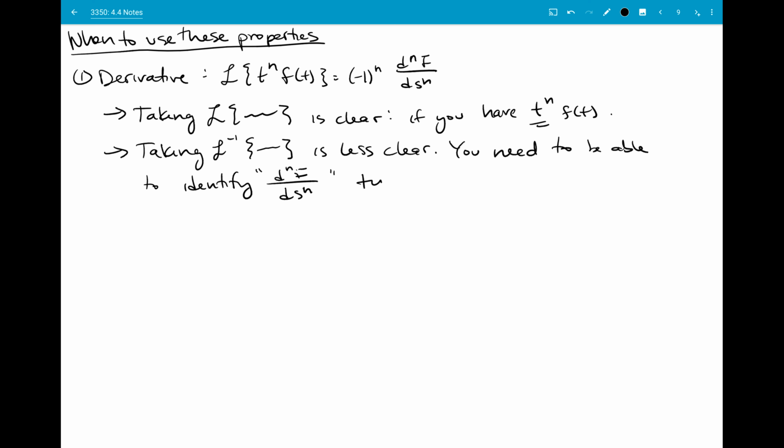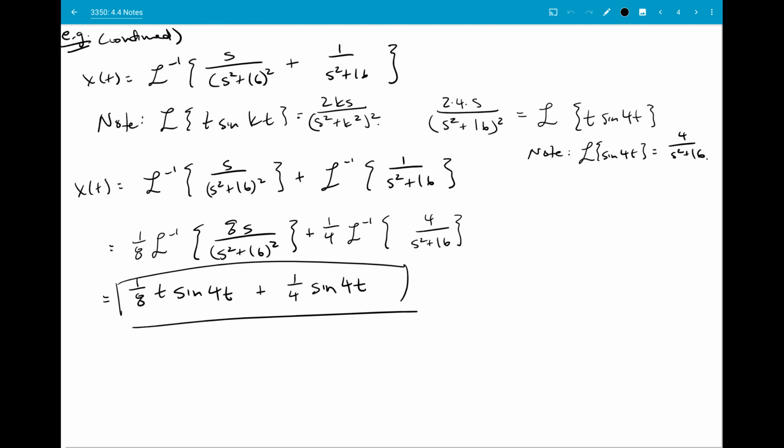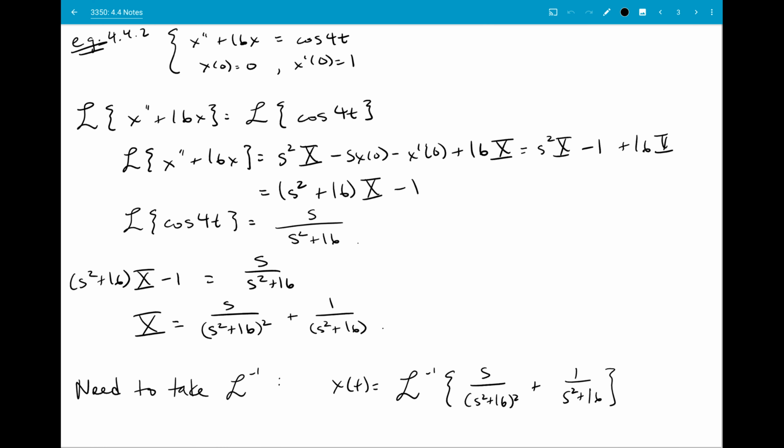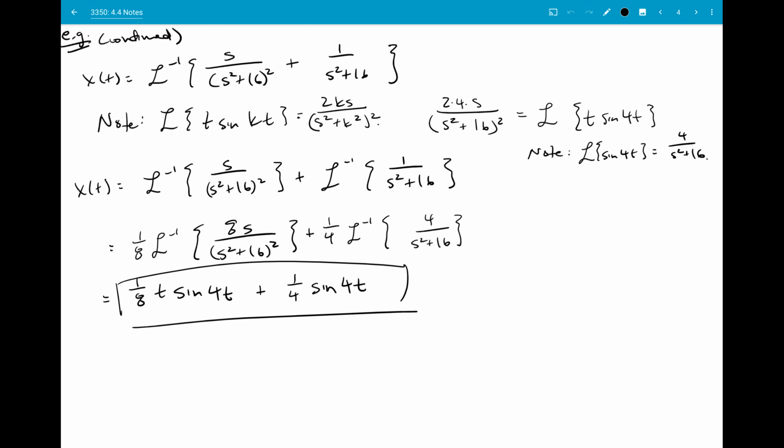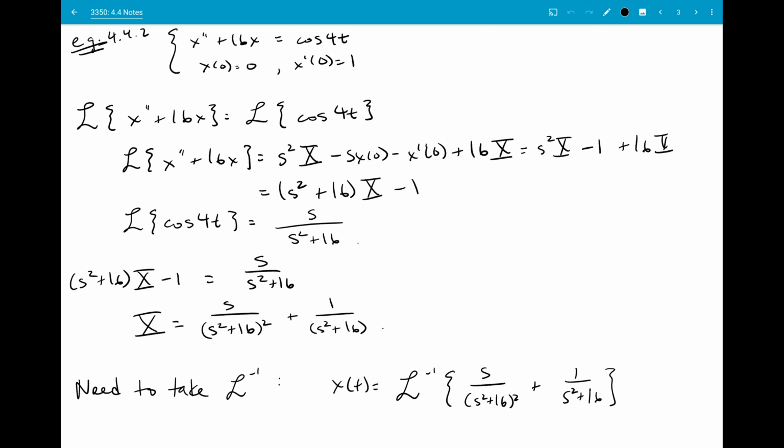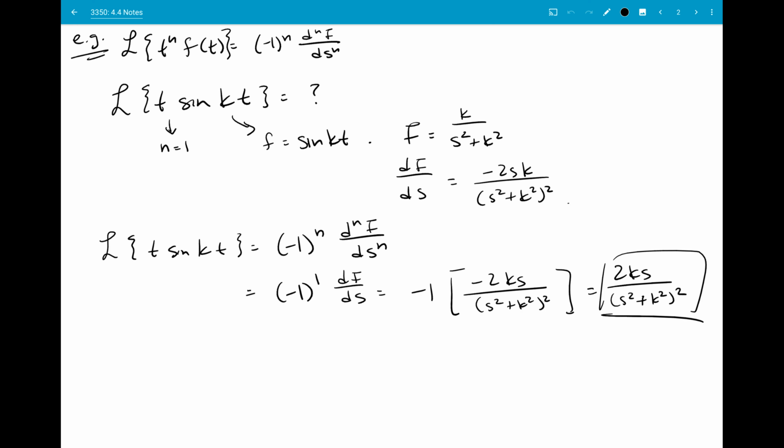And that's not always going to be really clear. When we did this example, where did it show up? Right here, it was clear to us because we had used that exact same example when we were demonstrating how the forward direction worked.